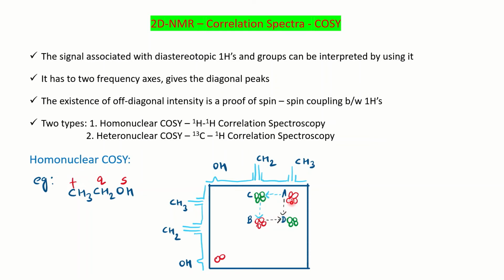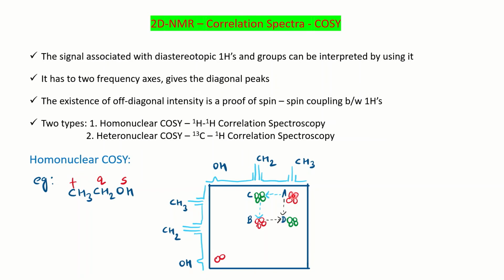So since these two are showing up here, we have to see now whether the two are coupling to each other. If you draw an imaginary line from the diagonal peak A to the cross peak C, and similarly from this cross peak, if you go down, and it meets the diagonal peak B, that says A and B are coupling to each other. A and B means the CH3 and CH2 are neighbors and they are coupling to each other.